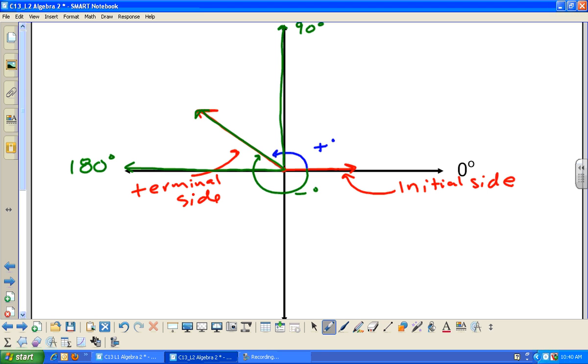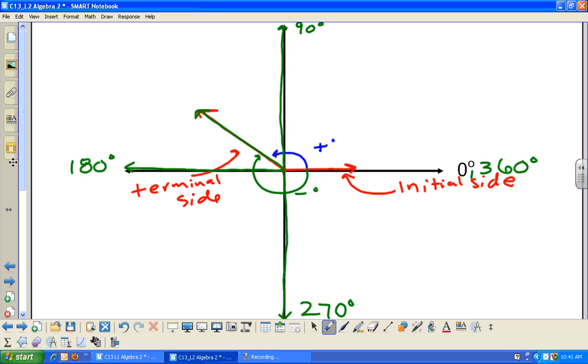If I go to my negative y-axis, this would be 270 degrees. And if I do one full rotation, that's 360 degrees. So that's my positive angles. That's if I'm moving counterclockwise from my initial side.